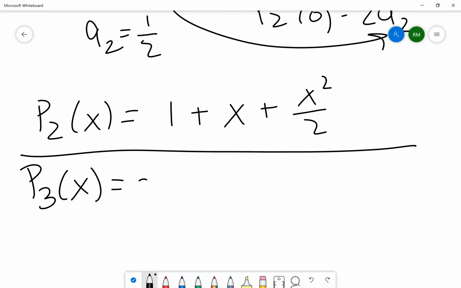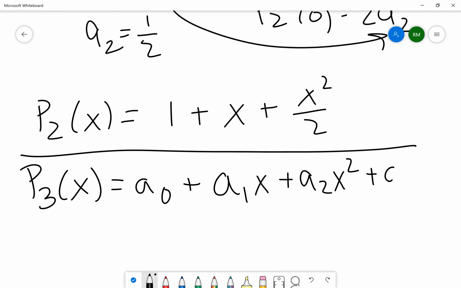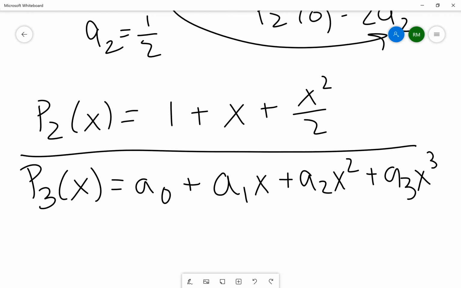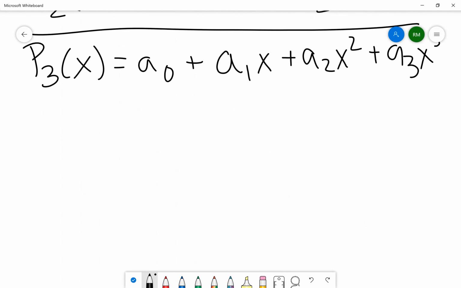So we know this should be a degree 3 polynomial. And I know the following information.